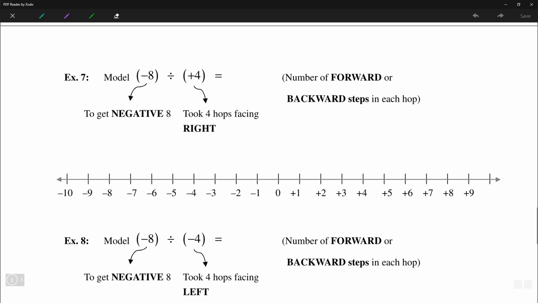Now let's look at what happens if the first integer is negative. We have -8 as our end goal. We start at 0 once again. To get to -8, we take 4 hops facing right, and these would be backwards hops.